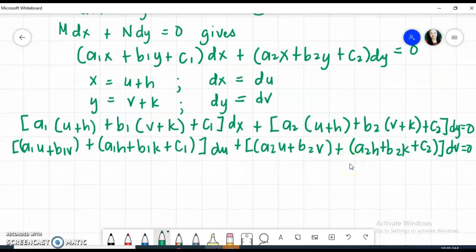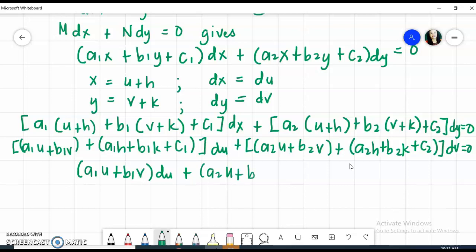Then we have (A1u plus B1v) du plus (A2u plus B2v) dv equal to 0.